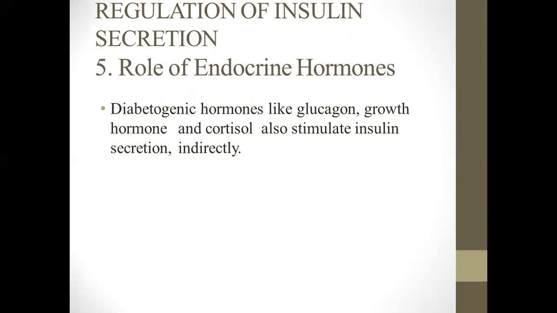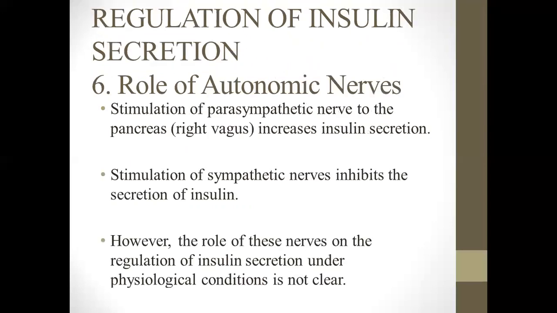Then there is the role of the endocrine hormones. The endocrine hormones will also regulate the secretion of the insulin. The glucagon, growth hormone, and cortisol also stimulate the insulin secretion indirectly. There are different types of autonomic nerves, and the autonomic nerves will also cause the regulation of the insulin.